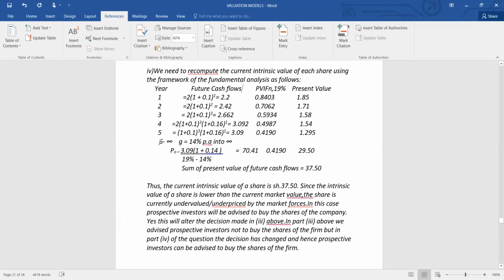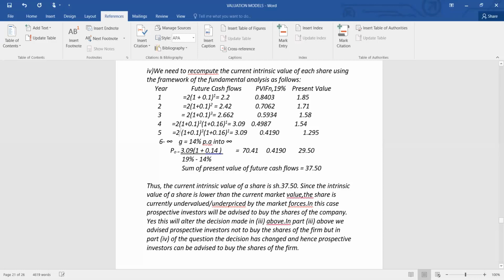Now, year 5, the same growth rate. So this one I should change. If it is wrong, I can change. But are year 4 and year 5 the same thing? Year 5. Okay, so 3.09. Is it 2.662 times 1.16? Yes, 1.16. Year 4 is wrong.